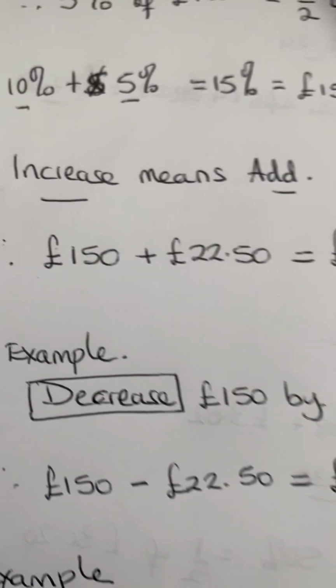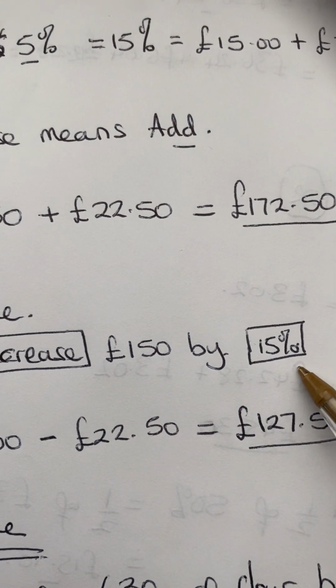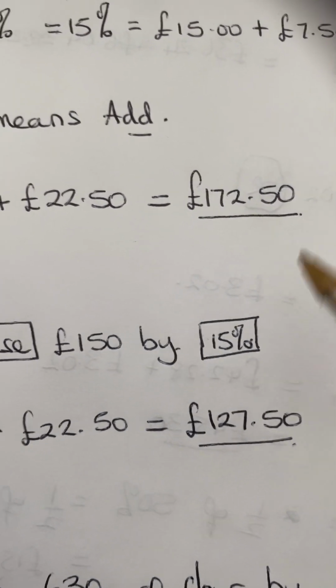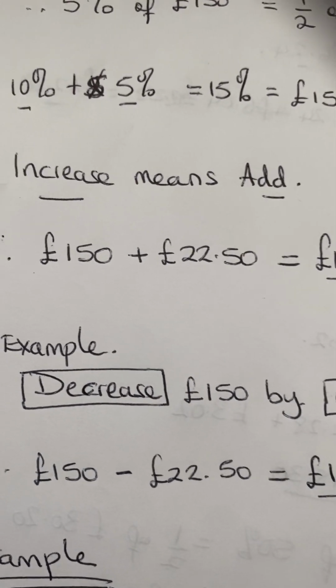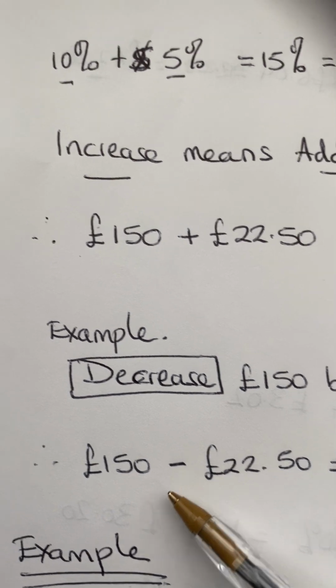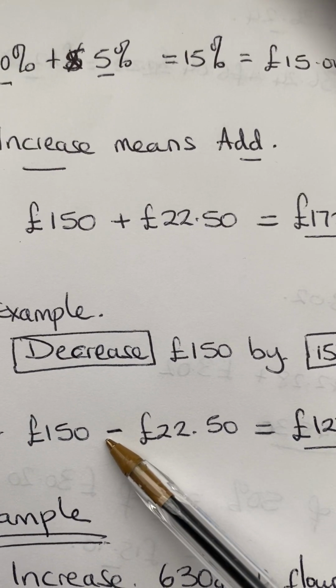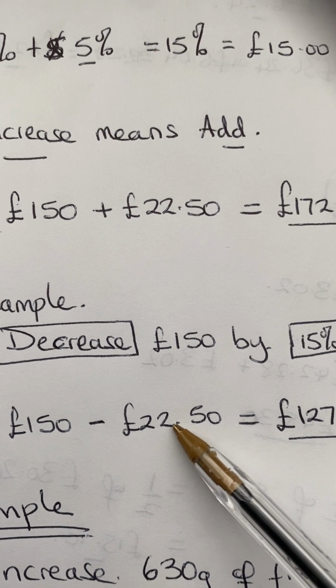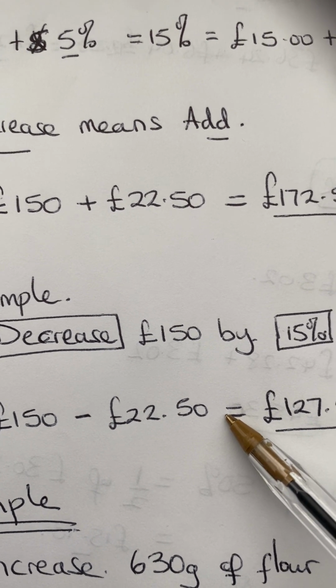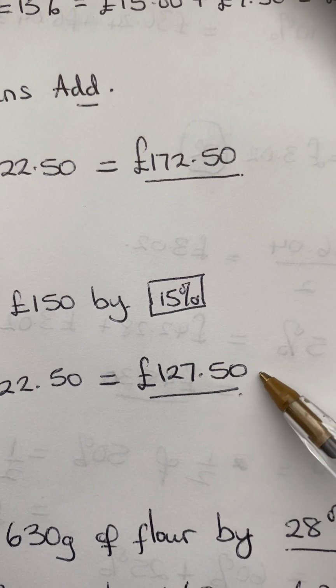Now, assuming they ask you to find percentage decrease by 15%, the same question, but not increase, decrease, then you subtract. So 150 minus £22.50, which will give you £127.50.